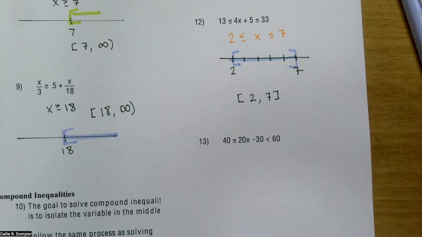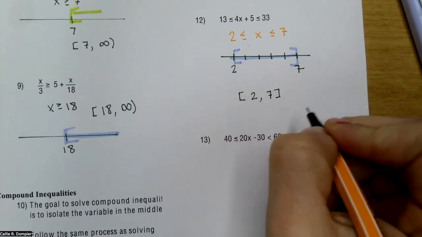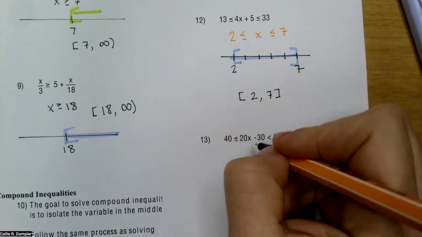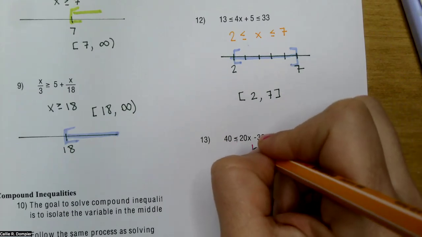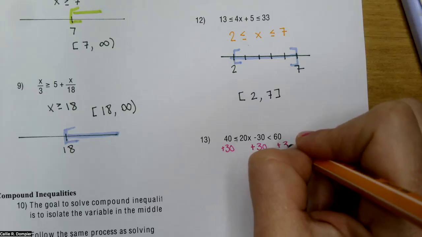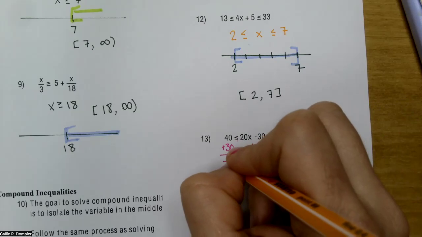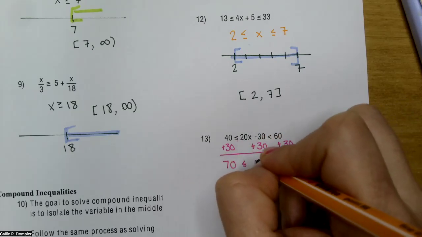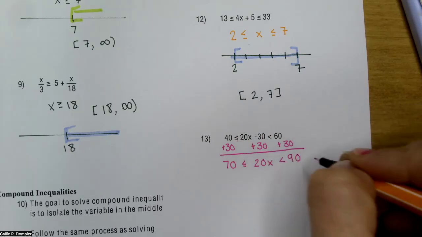Number 13, we have 40 is less than or equal to 20x minus 30, which is less than 60. X is being multiplied by 20 and 30 is being subtracted. So we're going to add 30, add 30, add 30. 40 plus 30 is 70, less than or equal to 20x, which is less than 90.